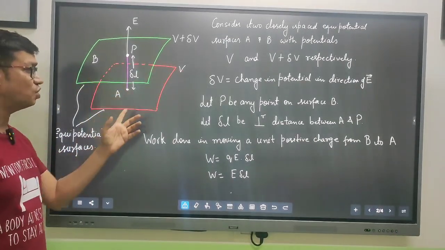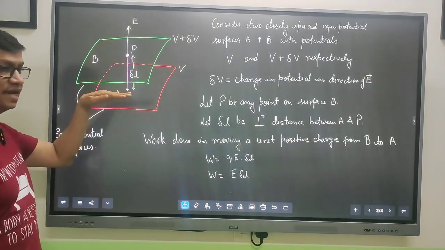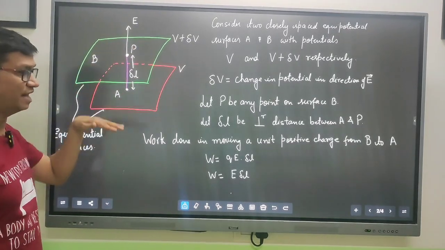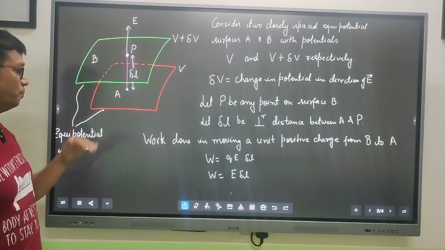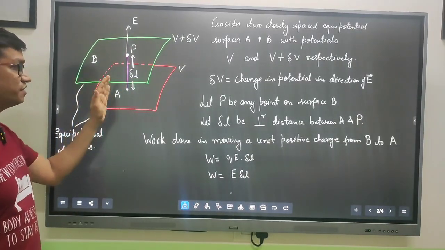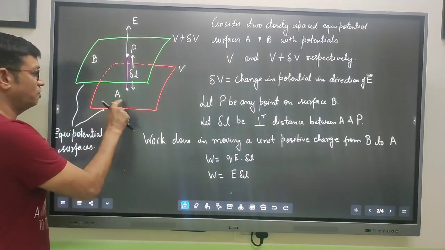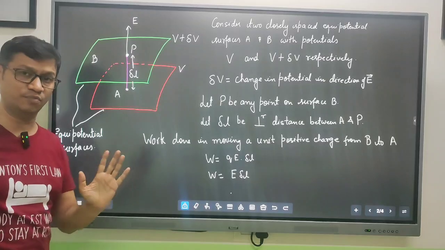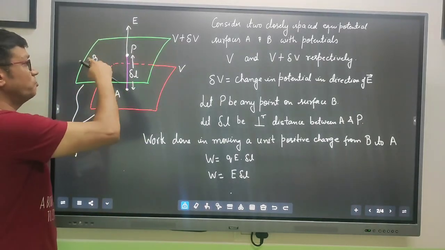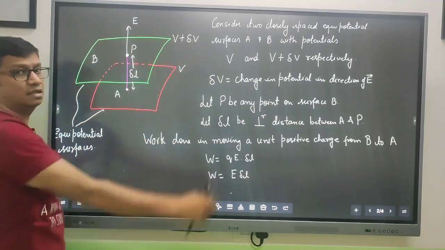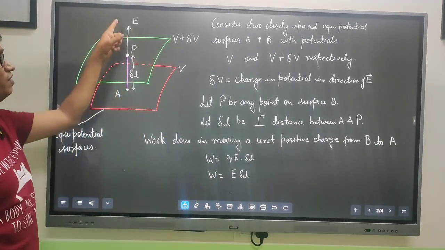We are considering two equipotential surfaces, surface A and surface B. Surface A is below, surface B is a little above, like that. These equipotential surfaces mean all the points on surface A have the same potential, which is potential V, and all the points on surface B have potential V plus delta V. This is the direction of electric field.